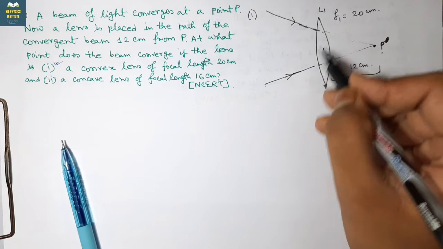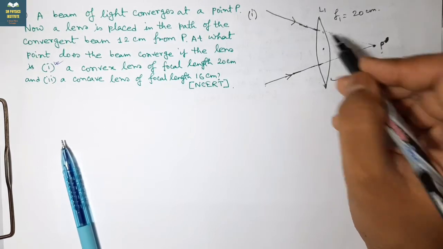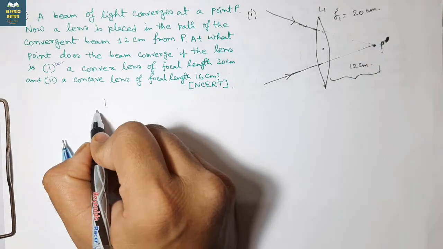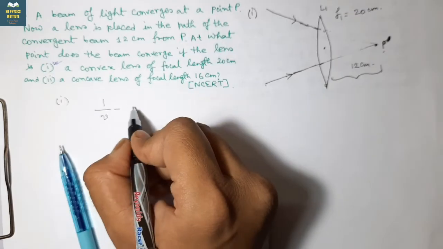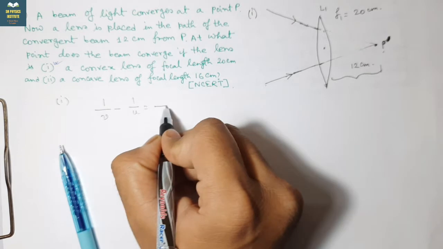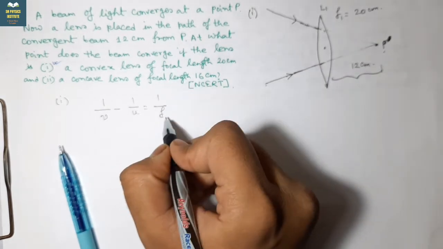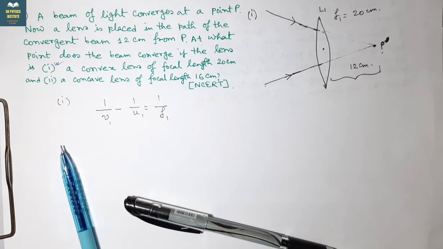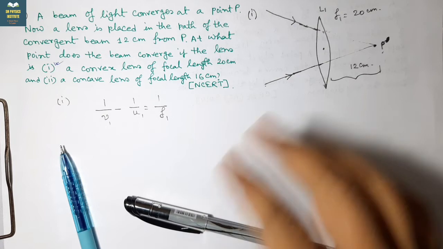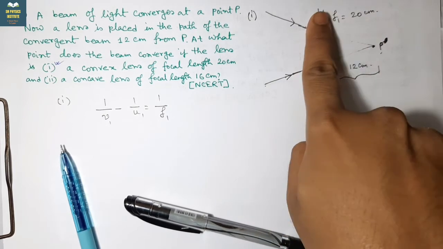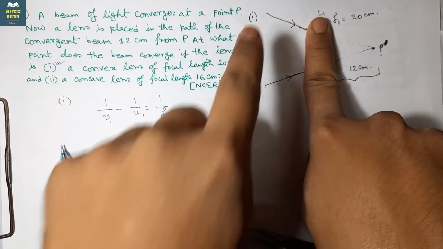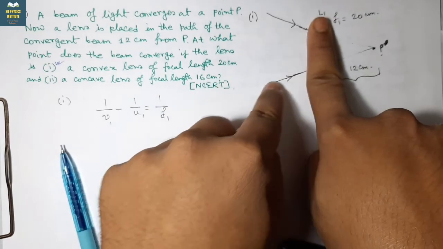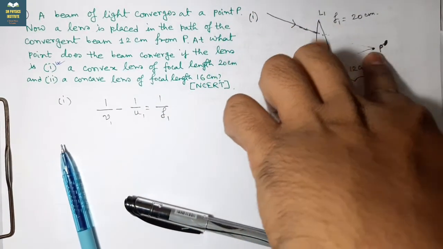Now try to understand. For the first question, 1 by V minus 1 by U is equal to 1 by F. I am writing F1, V1 and U1. This is very important. If the lens is not placed here, the convergent ray will meet at this P point.